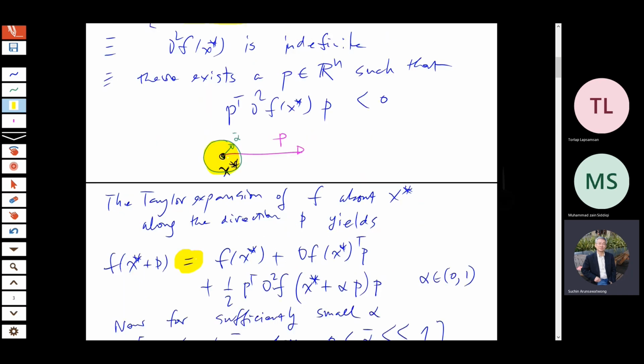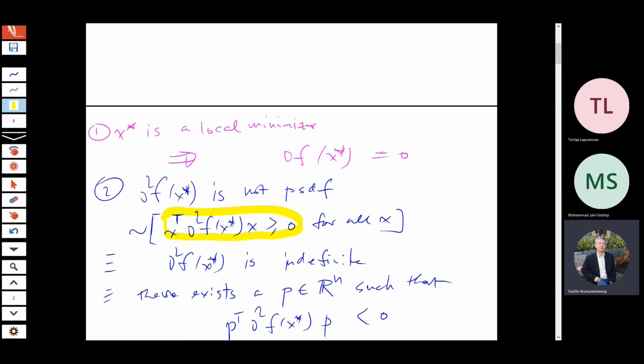Don't forget, the assumption we make here is that the function f is twice continuously differentiable, right? So the H matrix is continuous in the x variable.